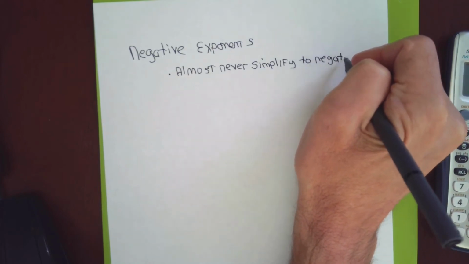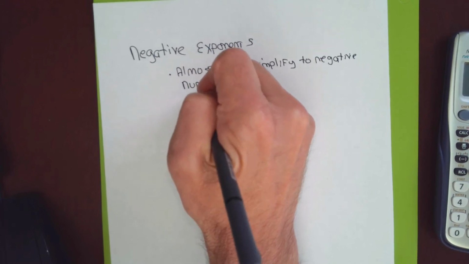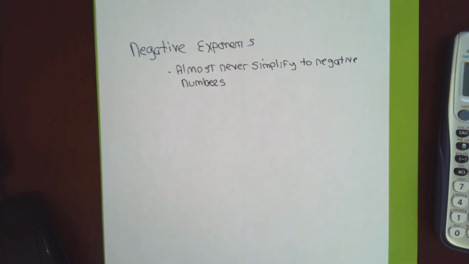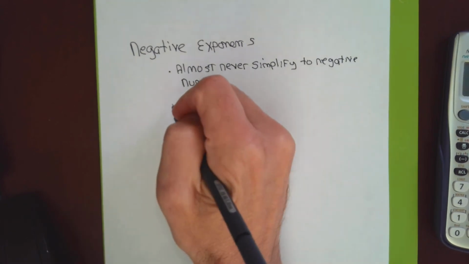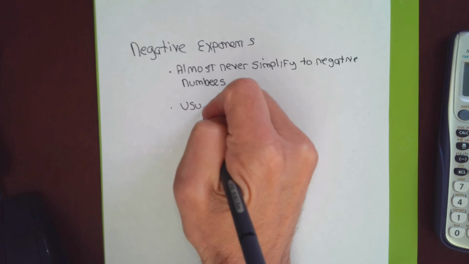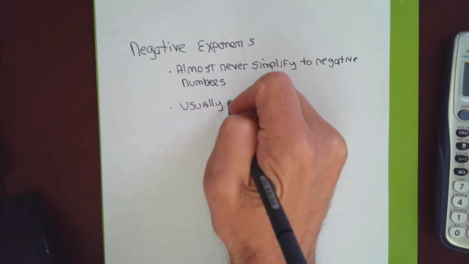In fact, in our class, if there's a problem with a negative exponent and your answer is a negative number, I'm about 99.9, I'm probably 100% sure that you're right. And negative exponents usually give fraction answers.